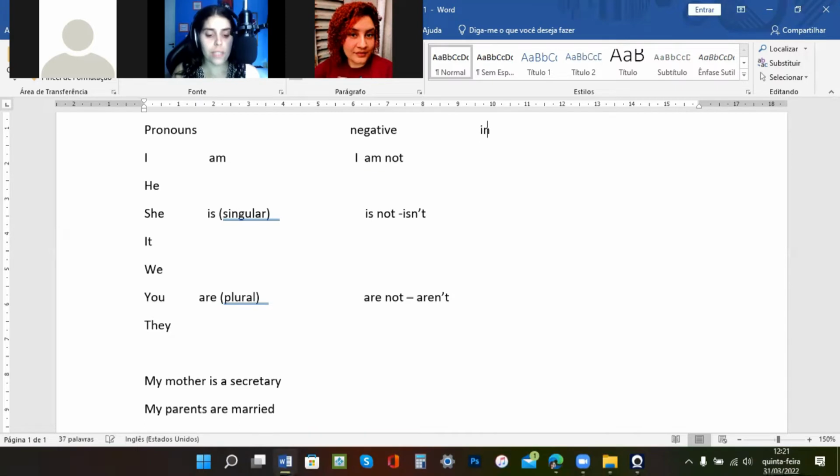What about interrogative sentences or questions? How can I ask a question using verb to be, people? We use the verb after pronouns.